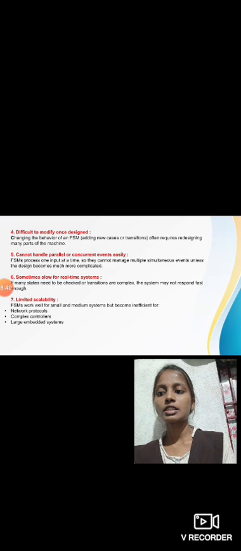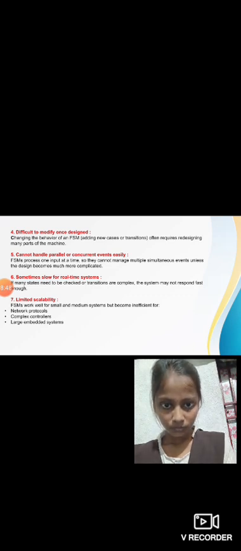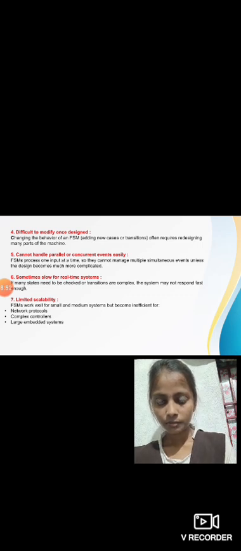Limited scalability. FSMs work well for small and medium systems but become inefficient for network protocols, complex controllers, and large embedded systems.